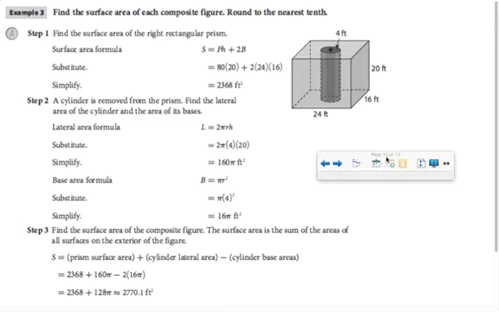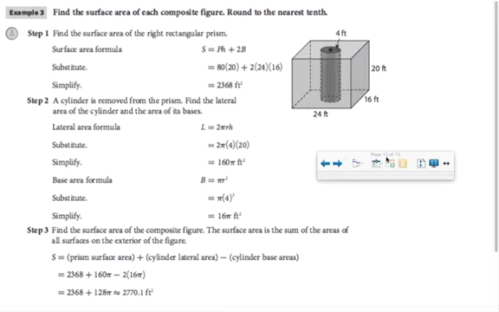So just be mindful of that. In example 3, part A, you see that they found the total surface area of the prism. And then they found the lateral area of the cylinder. And they added and subtracted some stuff.